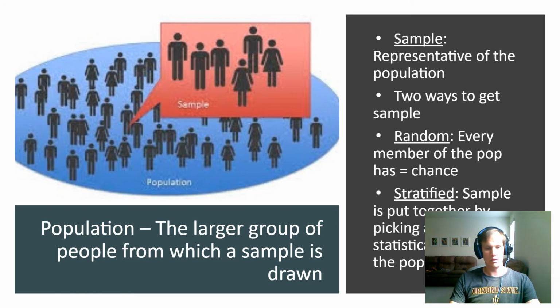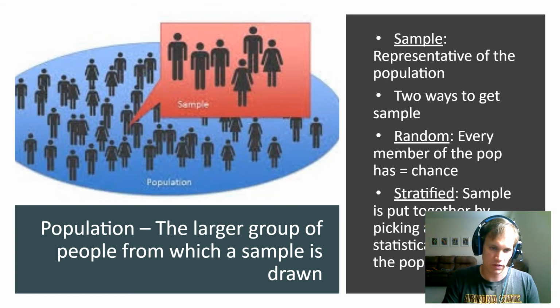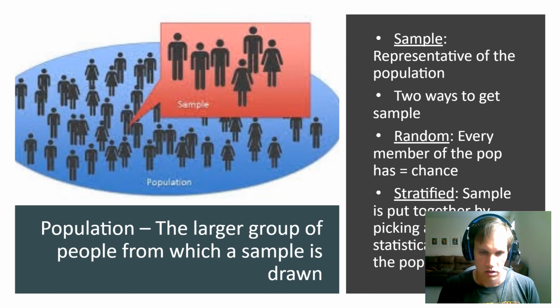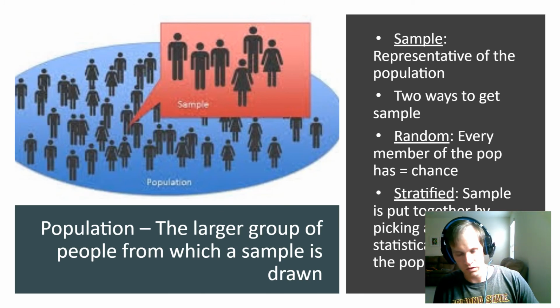So if I do an overall Mesa High population, I pick a certain number based on what percentage of Mesa High are seniors, what percentage are juniors, sophomores and freshmen.